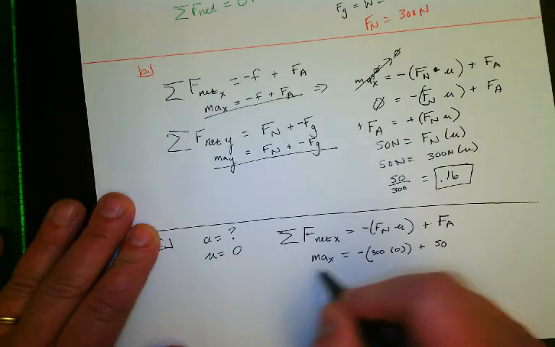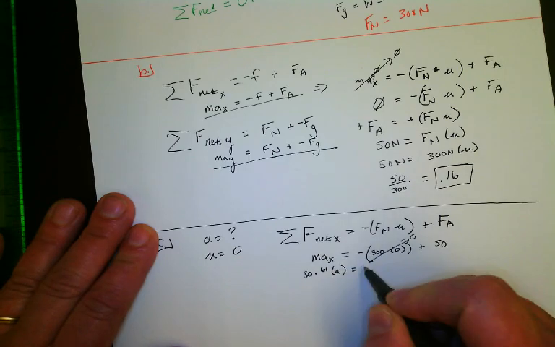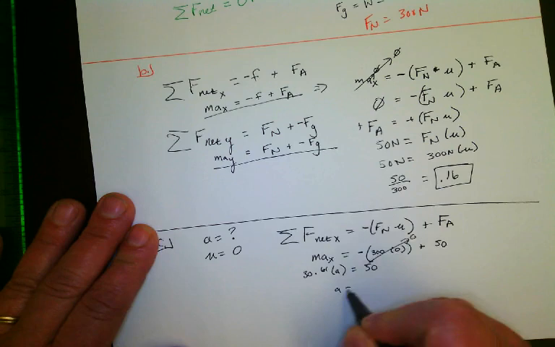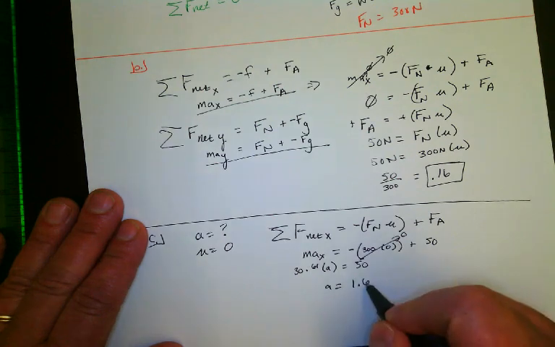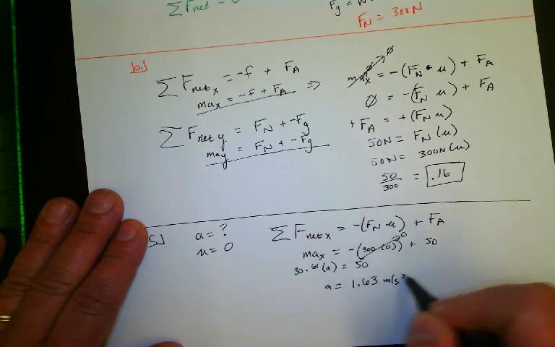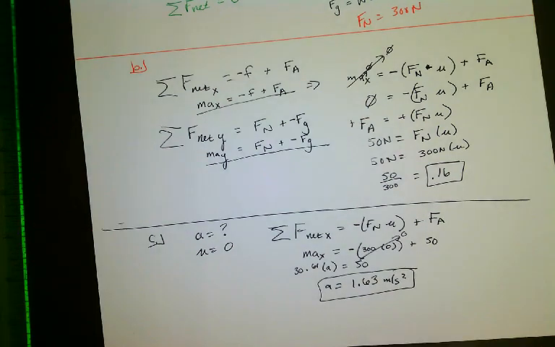So we're going to put that in. That's 0. So what does A end up being? Do you agree with my number or not?